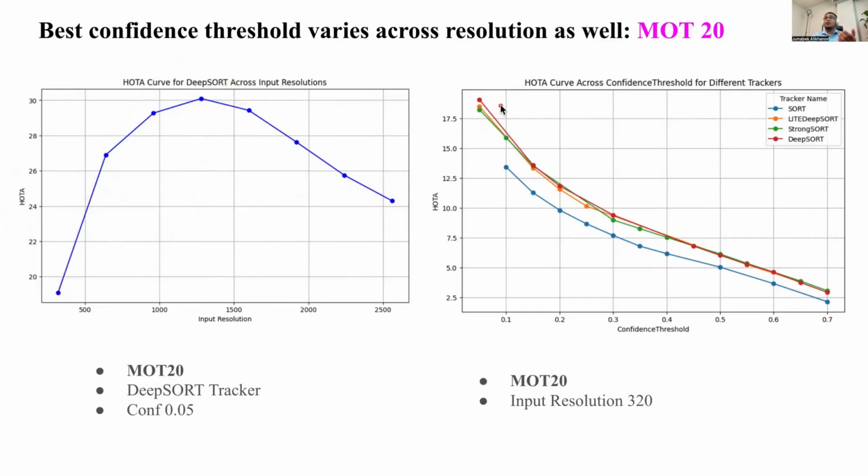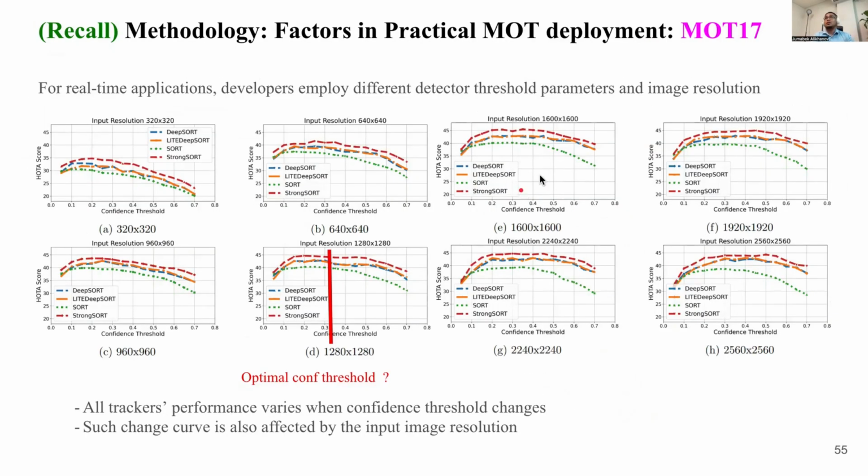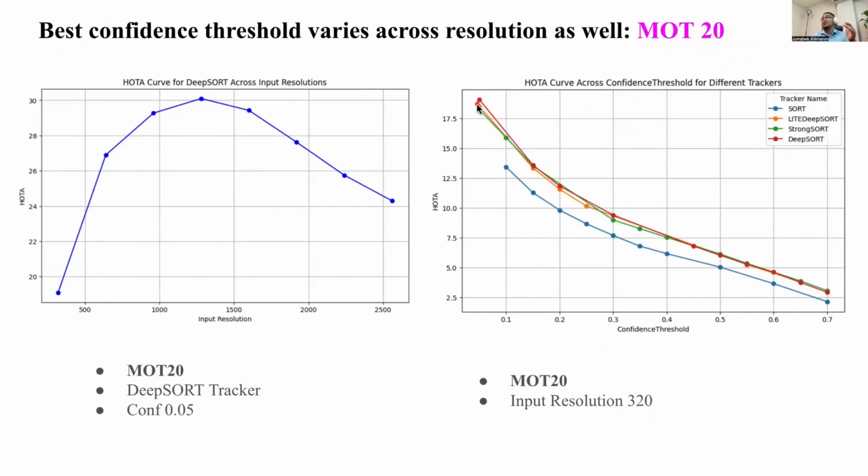For example, here, based on what you use, you can either get something like a 20 HOTA score, or you can get as low as 2, right? When you use the wrong confidence threshold. Also, because of this input resolution, this is much lower compared to others here, like a 45. Actually, sorry, this is on MOT17, but on MOT20, it was close to 24. But here it's less than 20.